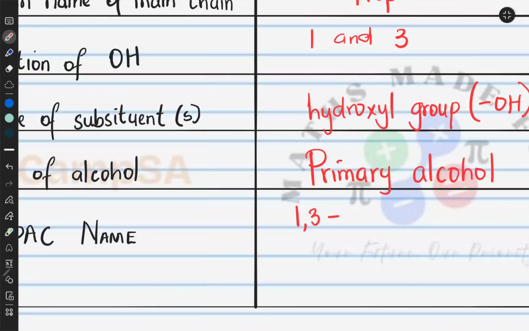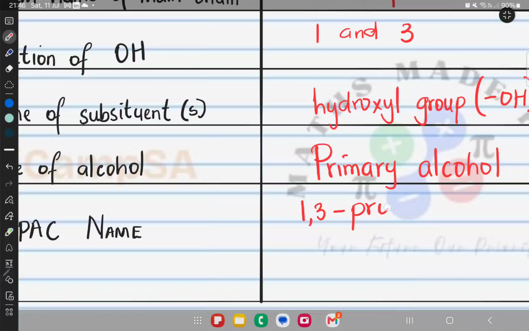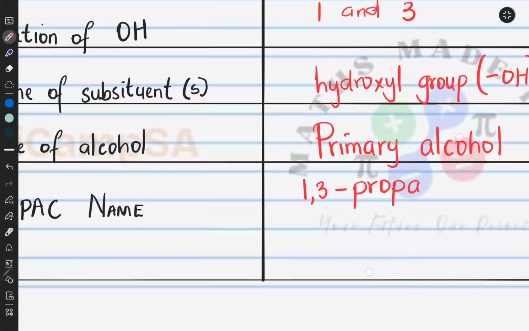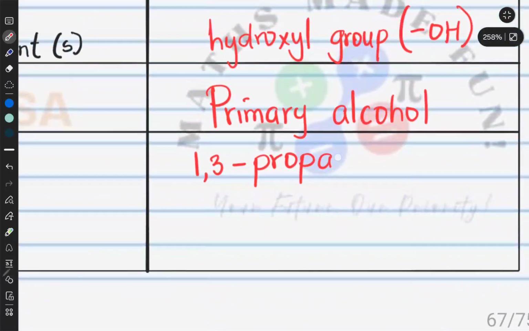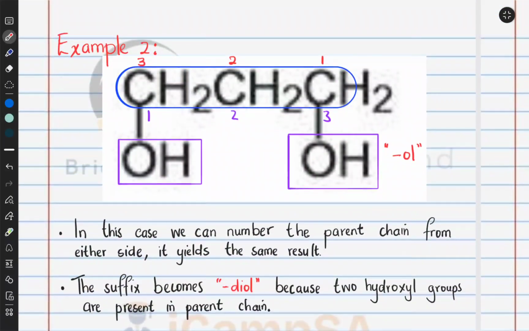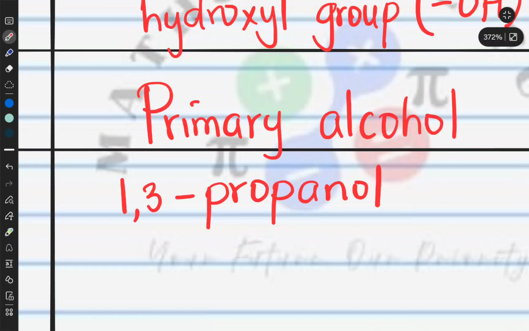Then we can include the stem name or the parent chain name, which in this case would be propanol. Normally it would be propanol like this, but remember there are 2 of these hydroxyl groups. So it must change from propanol to propanediol.